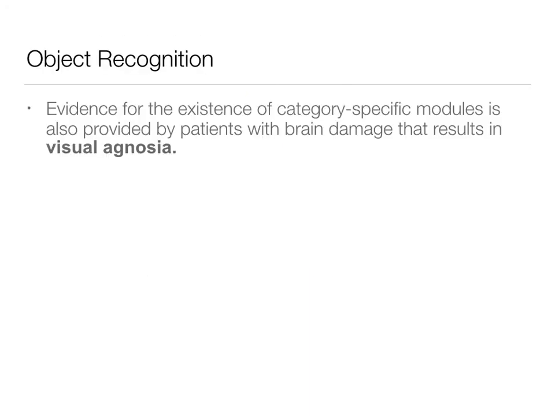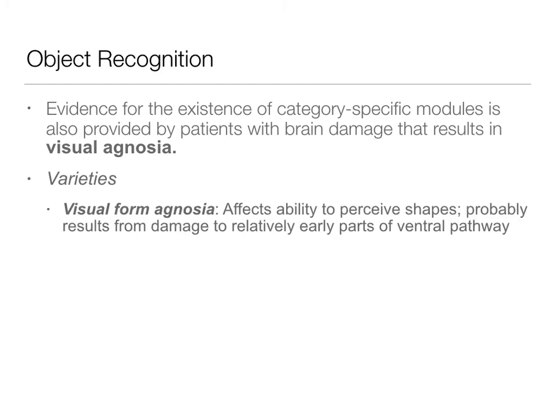Because of this idea of modularity, because we have particular parts of the brain that are specific to different types of representations, this creates a situation where we can have damage to that specific module, and we can develop a kind of visual agnosia. There's different varieties. Visual form agnosia is where we lose the ability to perceive shapes.